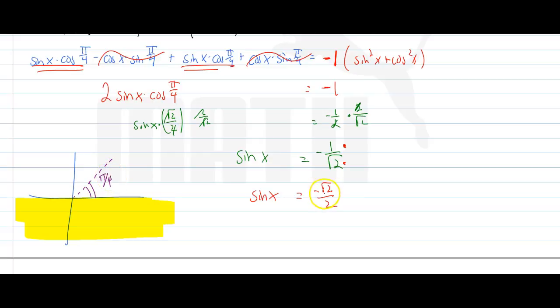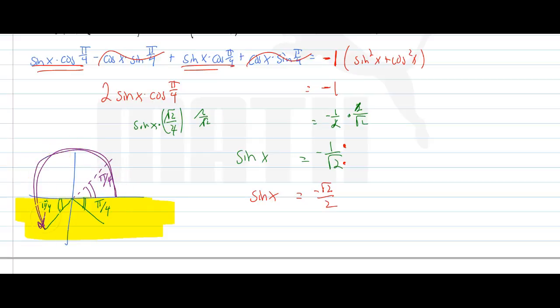But it's not positive, so bringing all this together, my answers are the angle in the third quadrant that has a reference angle of pi over 4, and the angle in the fourth quadrant that also has a reference angle of pi over 4. That takes into account the negative as well as the reference angle of √2 over 2. So for the answers, there's one of them.